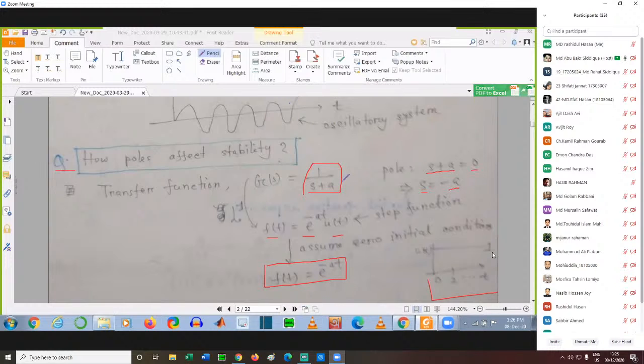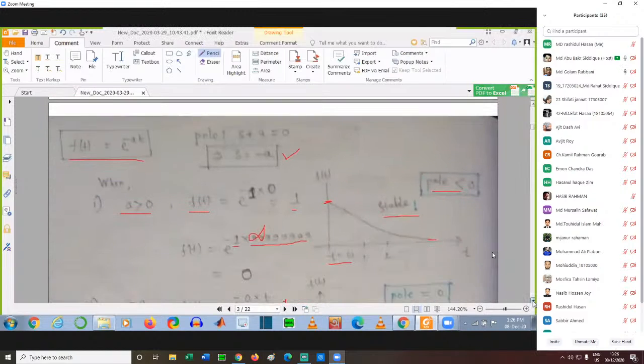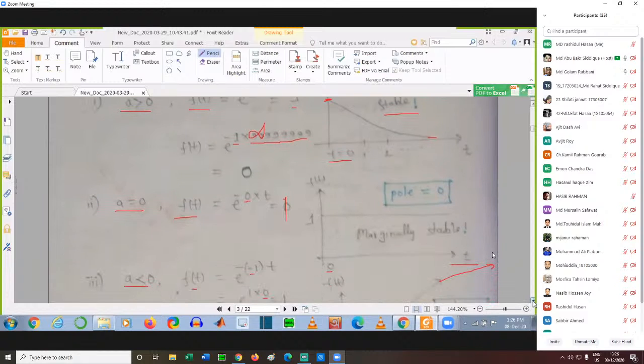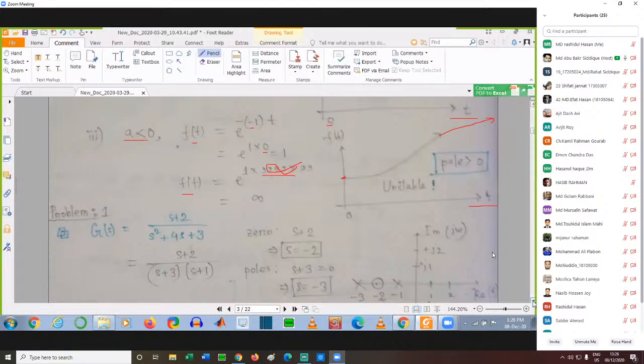Okay, Rabbani, you can say. Sir, if the A value is positive, then the system is unstable, sir. Okay, so a positive pole is unstable, a negative pole contributes a stable system, and a zero pole contributes a marginally stable system. Okay, that is the contribution of poles. So you got that.